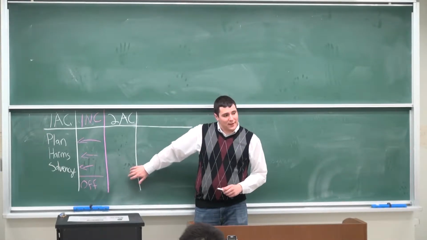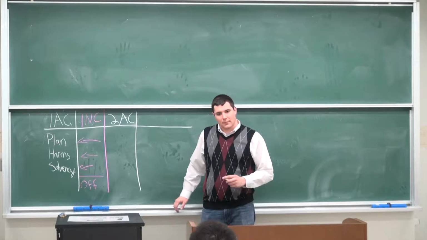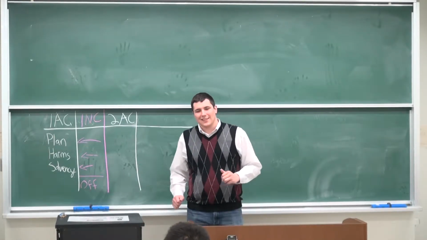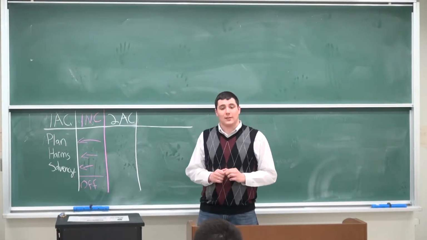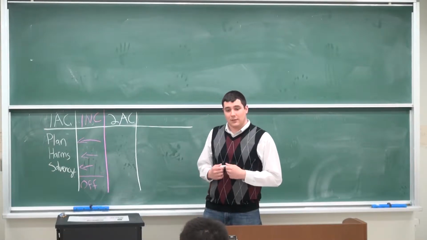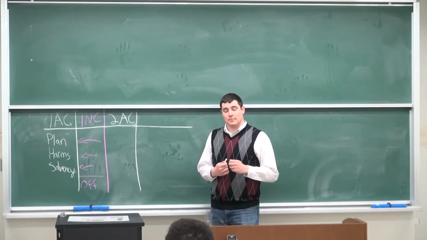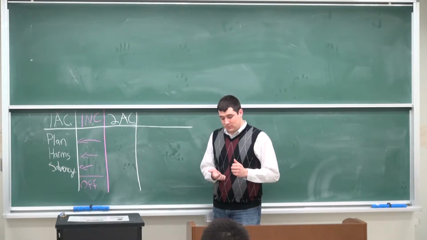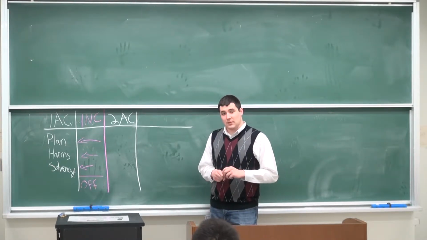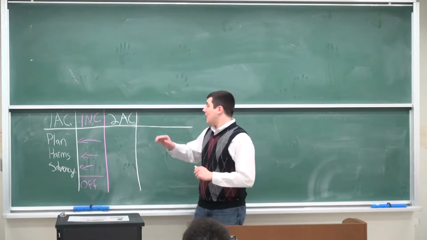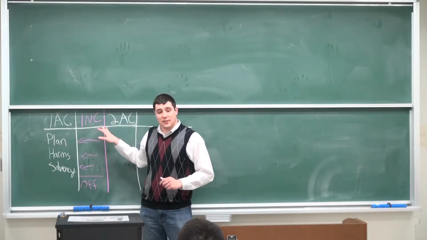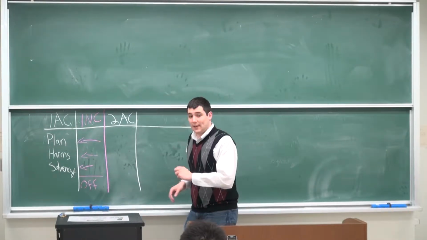Any more questions so far? Yeah. Is there any question time between the first affirmative speech and first negative speech, and first negative speech and second affirmative speech? Yes. After each of these constructive speeches, there is a cross-examination time. Okay?